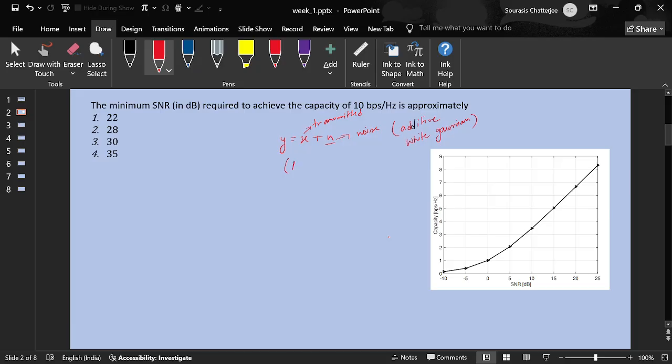So we are calling it a simple AWGN channel, and it's a single antenna system also, so all these are scalars only: y is equal to x plus n. So you are transmitting x, and on the receiver side you are receiving y, which is some corrupted version of your transmitted symbol. So now based on that, what do you mean by capacity?